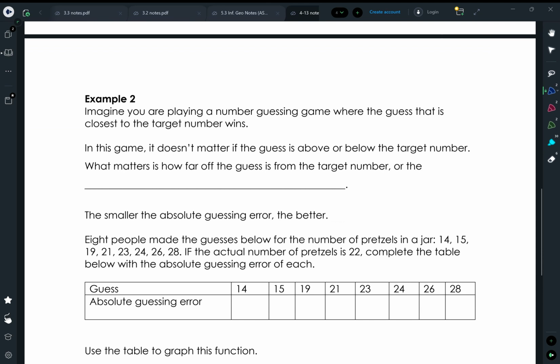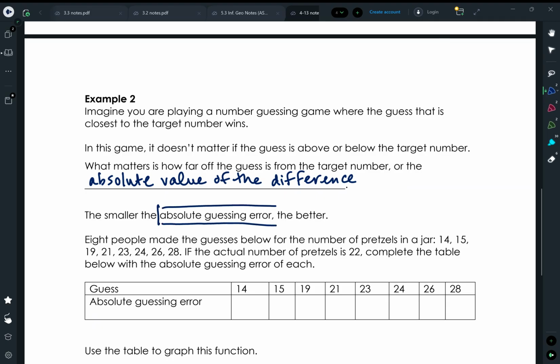What matters is how far off the guess is from the target number, or the absolute value of the difference. And we're going to call this the absolute guessing error.